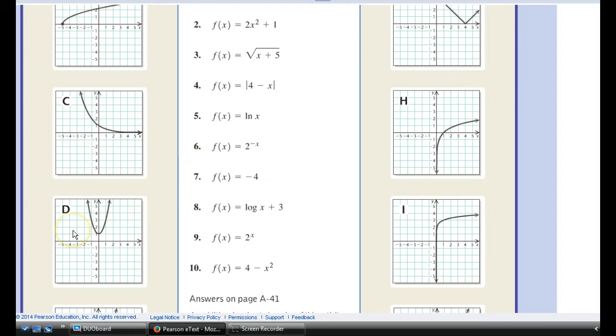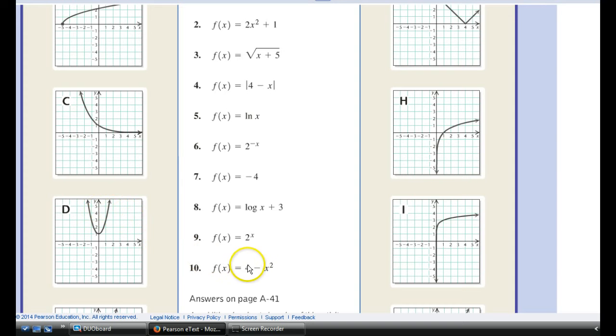All right, looking at D, what do we see here? Well, this is quadratic. It's a parabola. Its minimum is a 1. So that's going to be outside of whatever the parenthesis is, if there is one. And this looks like an x squared of some type.